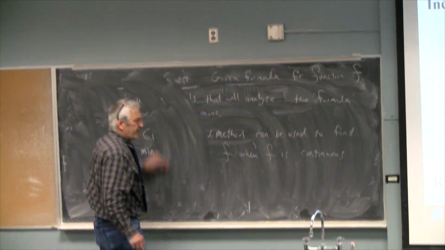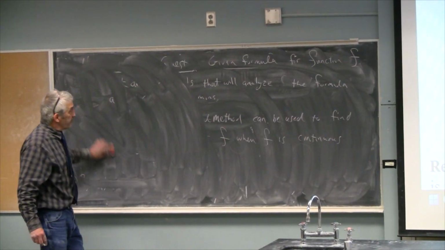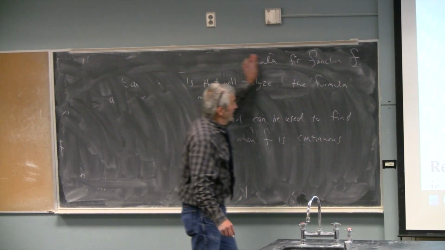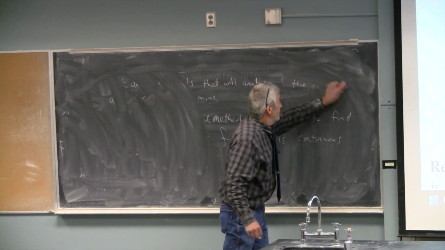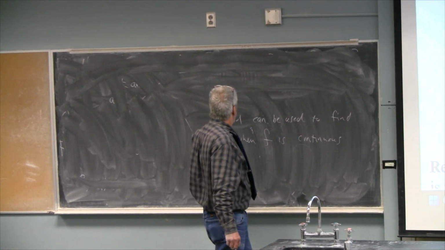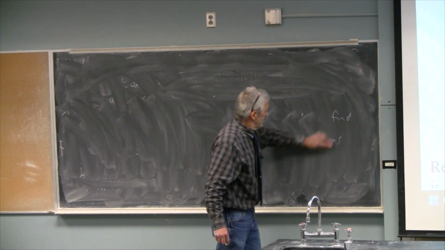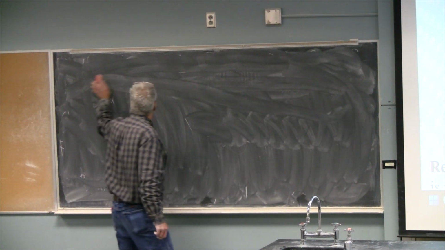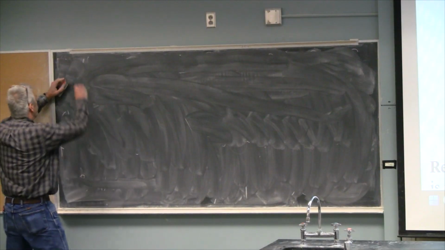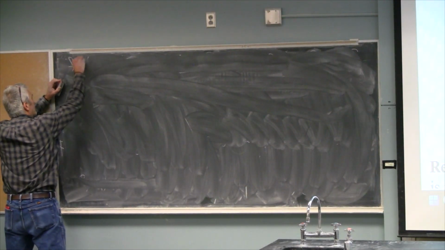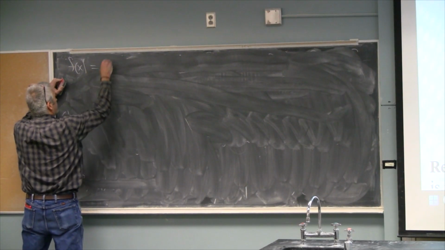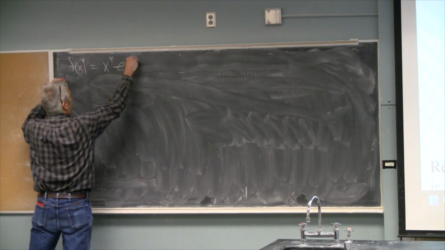So again, this first derivative test is another tool in our quest. It gives us different information, and you'll see that it works in a different way. So we have our function f of x equals x to the fourth e to the minus x.